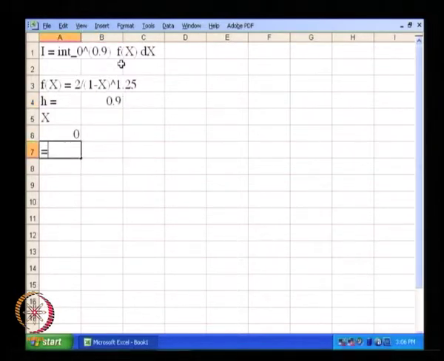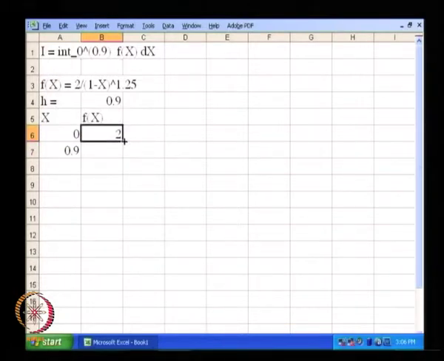Okay. So our x is going to be equal to the previous value plus the h, and we do F2 and put dollar signs over there, so that when we drag it the value does not change. Okay. Then we compute f of x. F of x is going to be equal to 2 divided by (1 minus x) to the power 1.25.